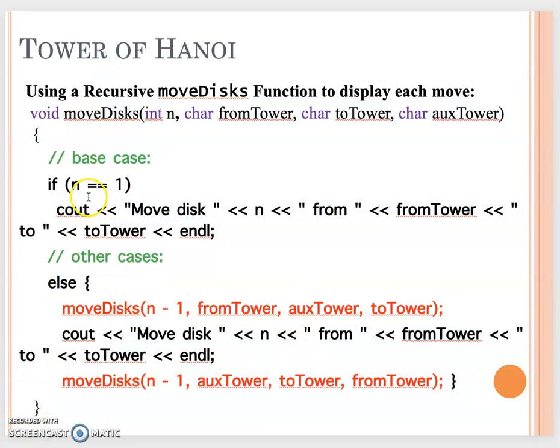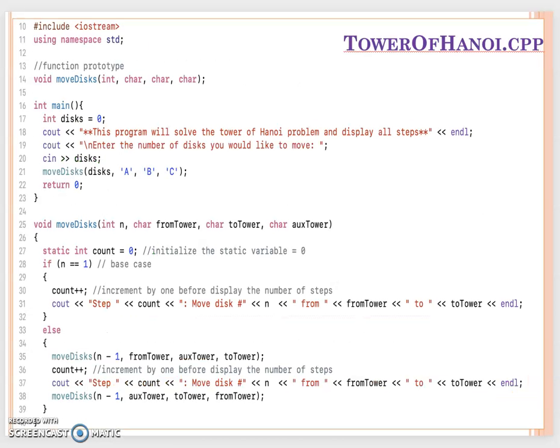So let's see how to really run this program in the source file. This one is our move disk recursion function. That's our prototype. The first parameter is how many disks you want to move. Then we have 3 characters to represent the 3 towers: the front tower, the 2 tower, and the assistant tower.